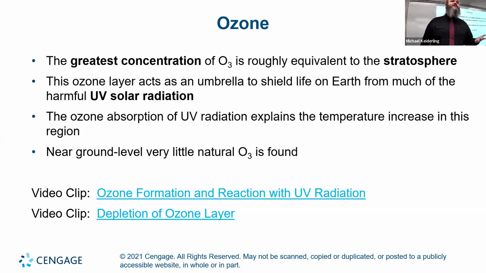And near ground level, very little natural ozone is found, which is nice because it's pretty nasty stuff. It's a very potent oxidizer, so it will tear your cells apart, which makes it great for cleaning things. If you have a car or a room that people smoked in, you can seal it and put in an ozone generator, and the ozone will destroy all those terrible smelling molecules.